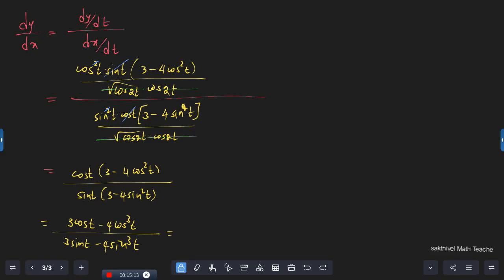Children, do you remember the sin 3t and cos 3t formulas? Sin 3t is 3 sin t minus 4 sin cube t.